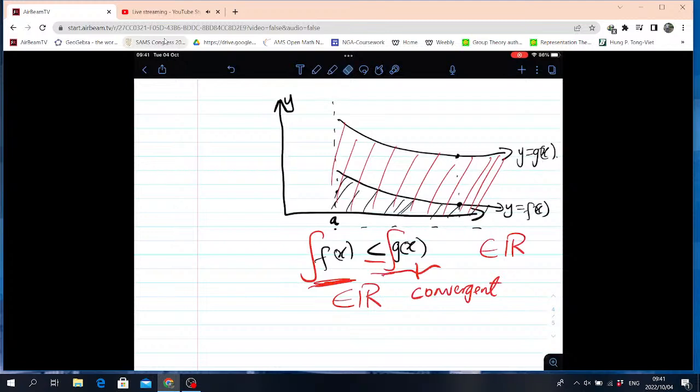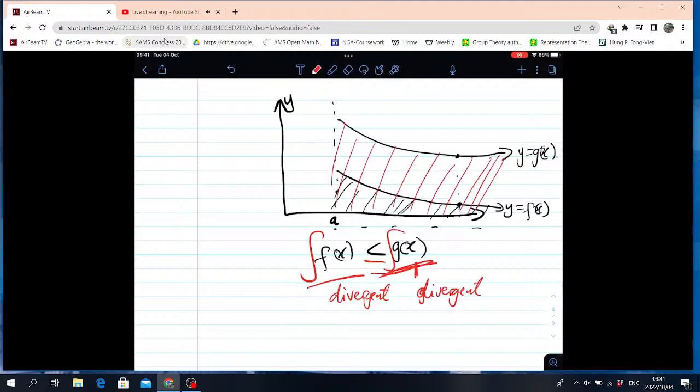The other scenario is when we know something about f of x. If f of x is divergent, then it would also mean that g of x should also be divergent because it is bigger than a divergent integral. So the integral there should also be divergent just by thinking about comparing.